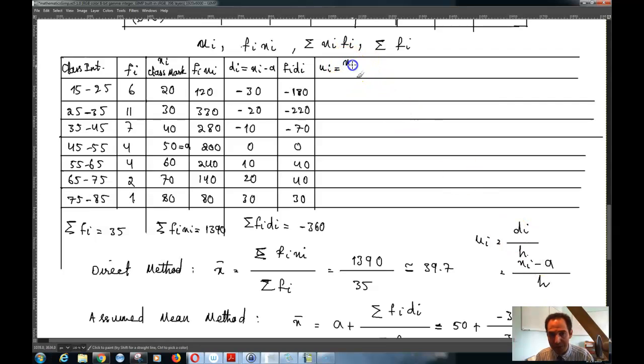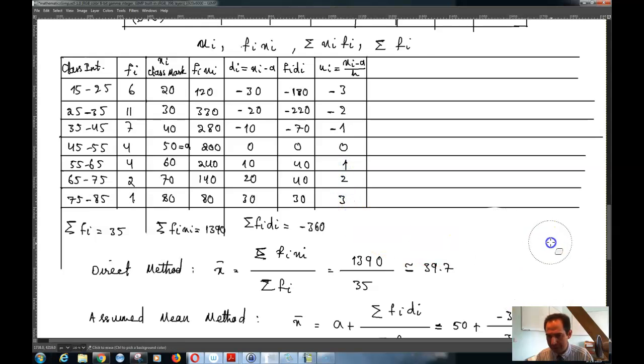So x of I minus a, which is d of I, divided by h, which is 10. Divide this by 10, and you'll get negative 3, negative 2, negative 1, 0, 1, 2, and 3. And now I have my u of I.